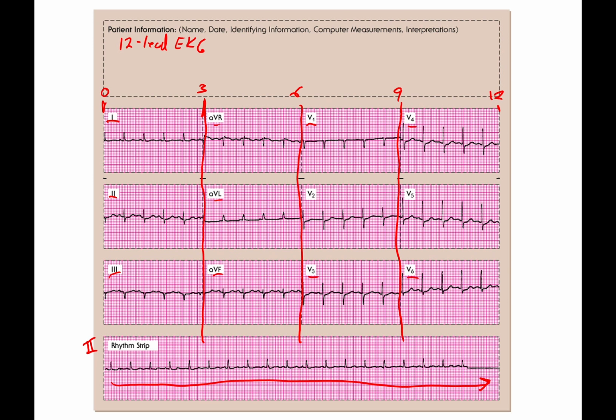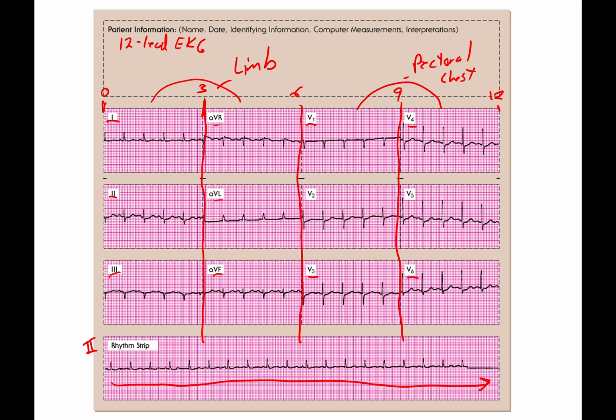What's important about this, these first 6, 1, 2, 3, AVR, AVL, AVF, these are the limb leads. Whereas all of the V leads together are the pectoral or chest leads.